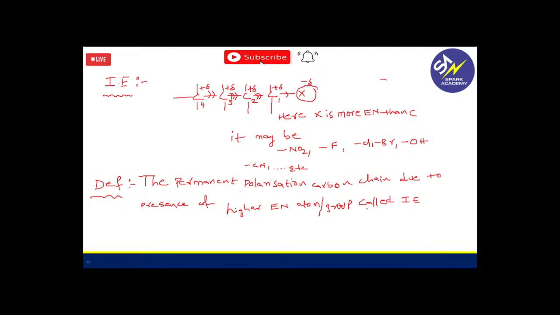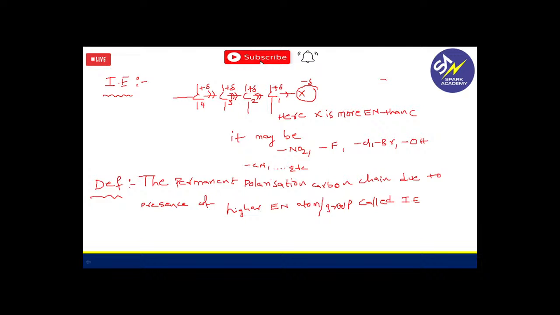Once again listen carefully. See, permanent polarization will take place due to the more electronegative atom X present on the given organic compound. Here what is electronegative character? It attracts the bond pair of electrons towards itself. So here X attracts sigma bonded electrons towards itself, then it attains partially negative charge. In the same way, C1 carbon atom attains partially positive charge.